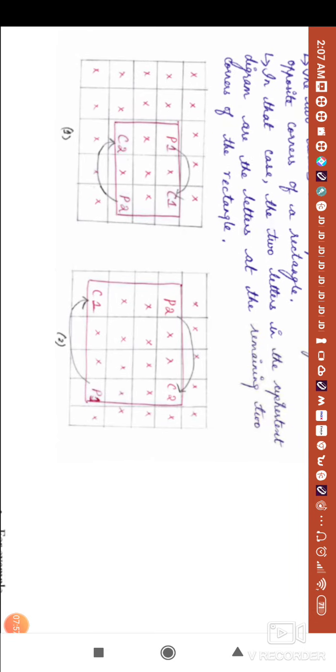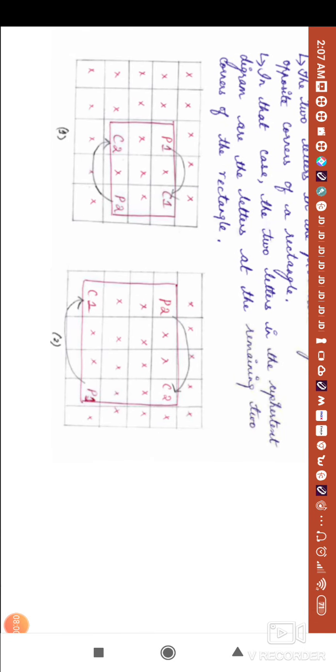The third scenario is, if the plain text letters are not in the same row and not in the same column, how is encryption done? In this case, you have to join P1 and P2 by a rectangle. The replacement letters are the other corners of the rectangle. For example, consider the plain text letters P1 and P2 in the first diagram.